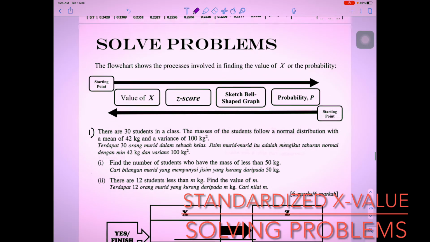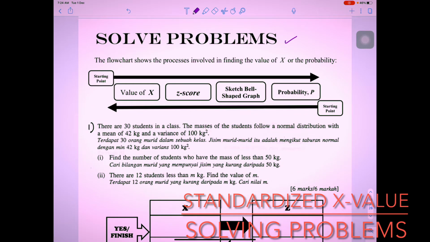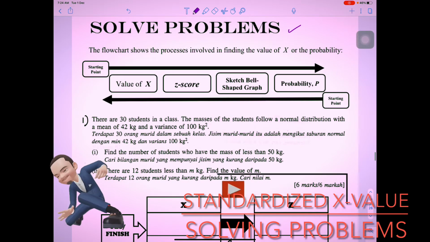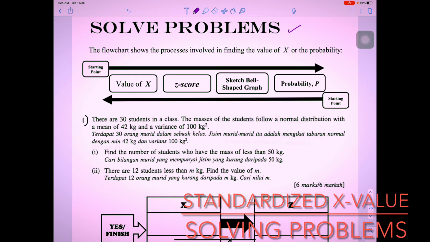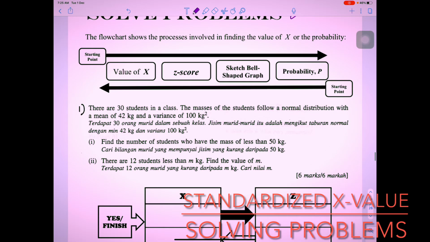Now let's continue with solving problems by using the flowchart. Before we solve the problem, I will share an easier way to solve problems involving normal distribution. The flowchart shows the process involved in finding the value of x or the probability.